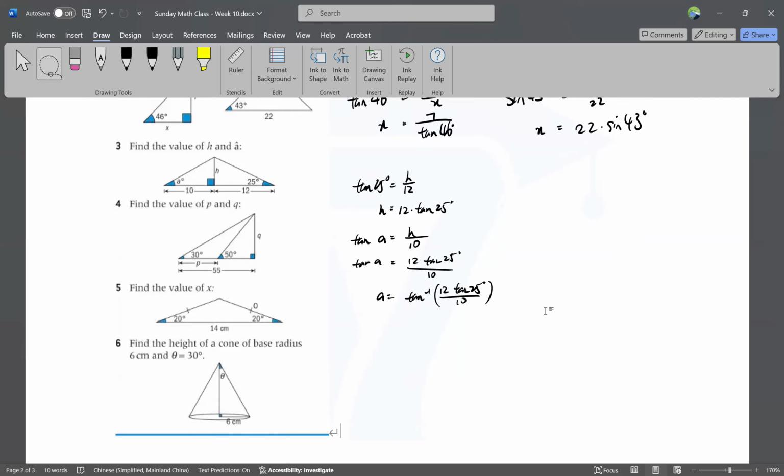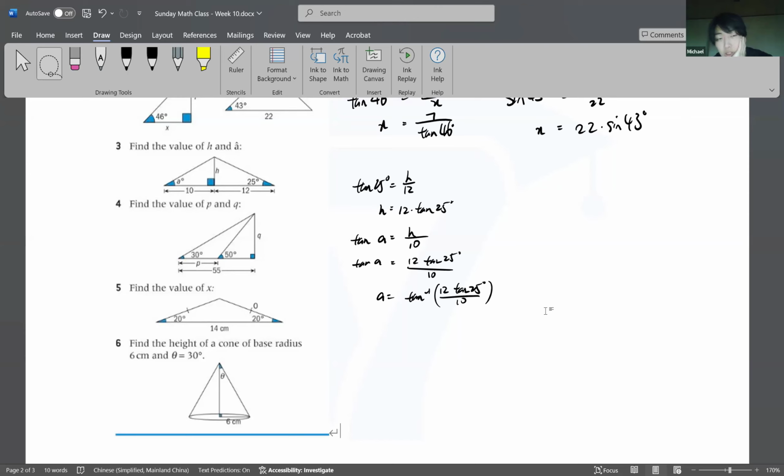And 50, to work out Q, because tan 50 equals Q over 55. Does that work? Tan 50. This is to work out Q, right? Tan 50, you said?